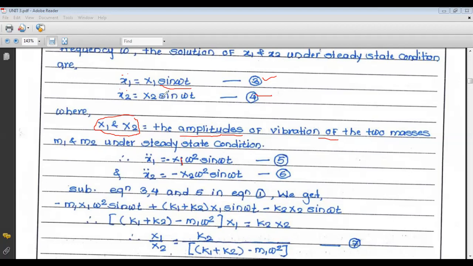So omega cos omega t, and again differentiating cos omega t, the derivative of cos is minus sine. So minus X1 omega square sine of omega t.